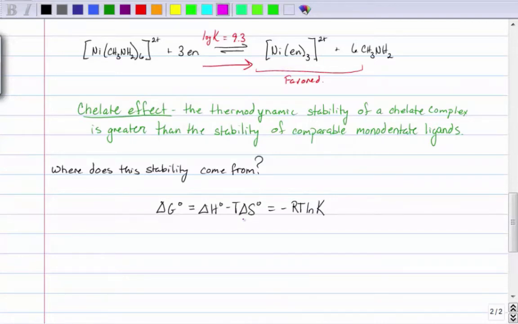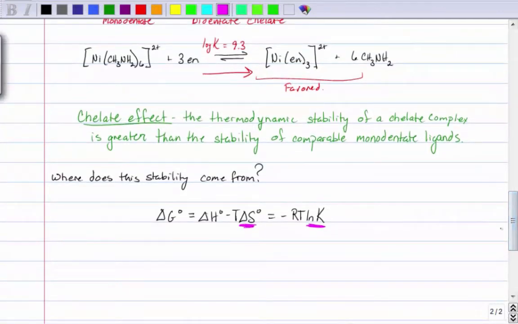So I'm going to just relate delta S here to the equilibrium constant K. As delta S increases, or the entropy increases, your equilibrium constant will increase. And that's what we see above in that equation.